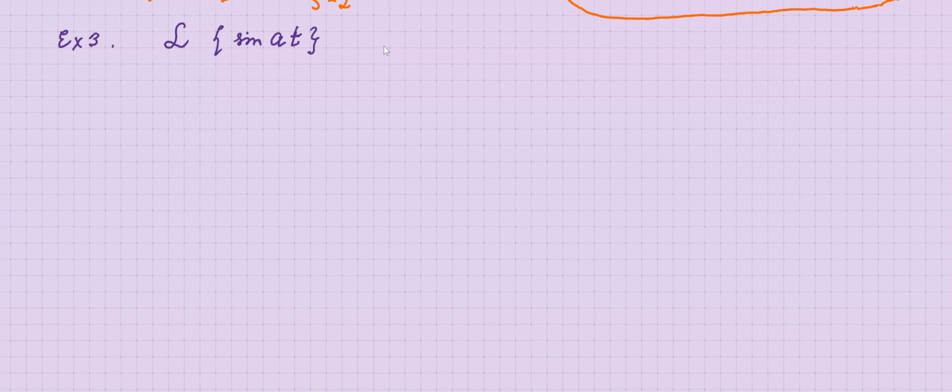And how is the Laplace transform going to look? Well, let's write down the integral. The integral from 0 to infinity of sine of at times e to the power of negative st dt, right?